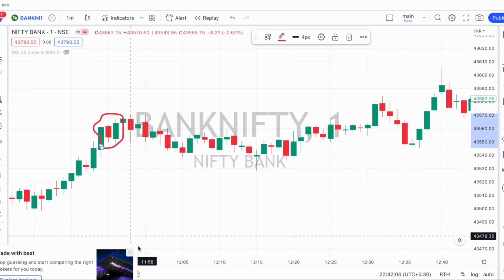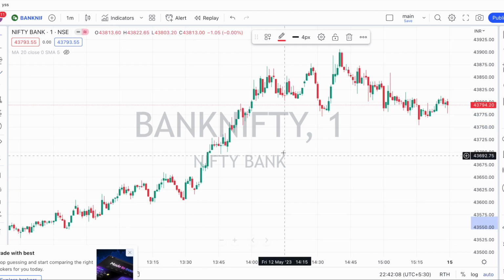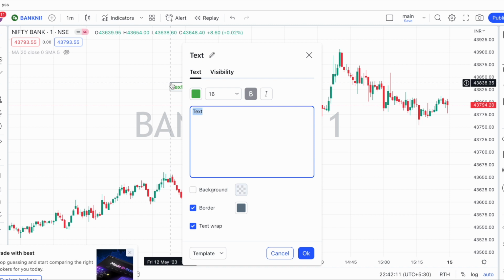Now let's discuss what a pin bar is. Pin bars can be of two types: bullish pin bars and bearish pin bars.